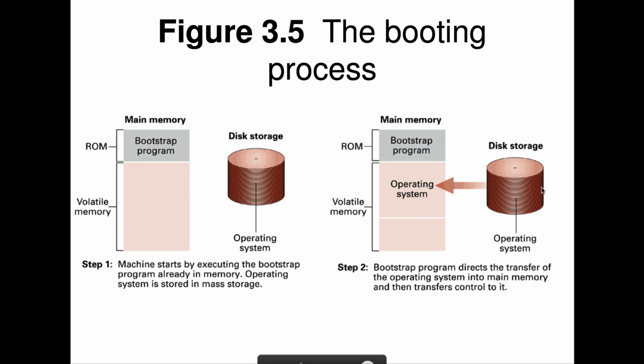That will be shown here. Then the bootstrap program will give the permission to execute to the operating system. It will hand everything over to the operating system, and from now on, the operating system will run on the computer system.